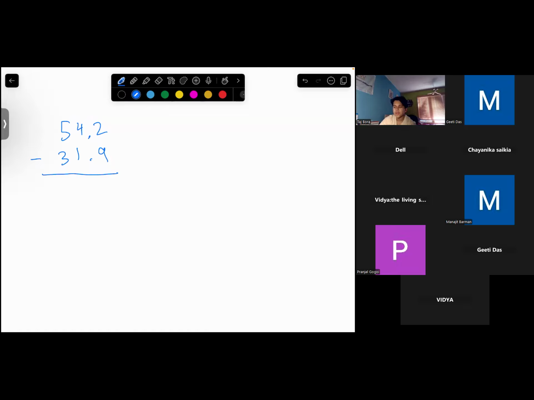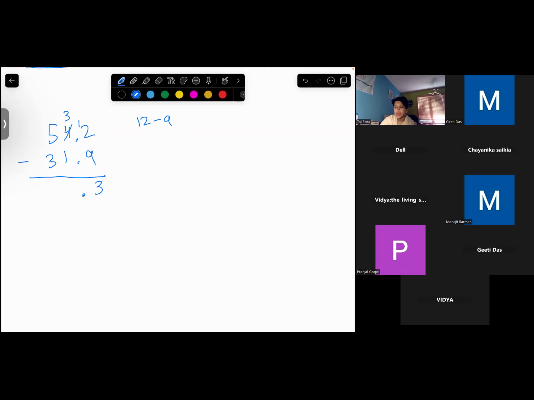So when you're subtracting, you can't do 2 minus 9, right? So you take this 4, cross out this 4, and you borrow a number. You make this number 3, and you add a 1 right in front of the 2. So now this 2 becomes 12 minus 9, and this would be 3. And make sure you add the decimal point.